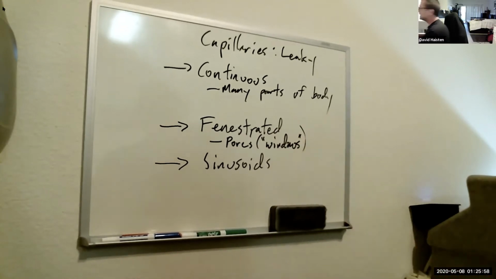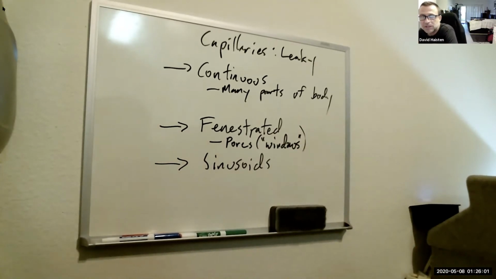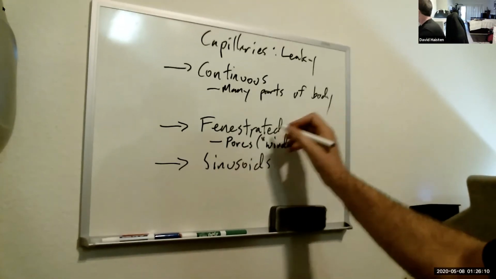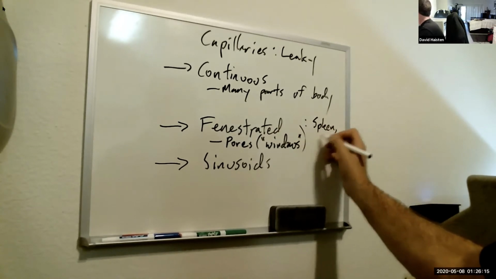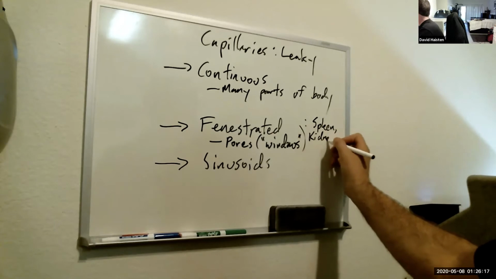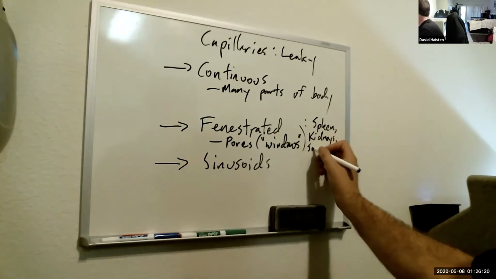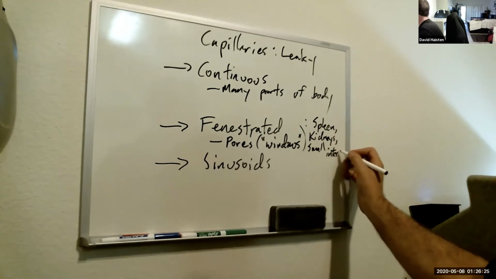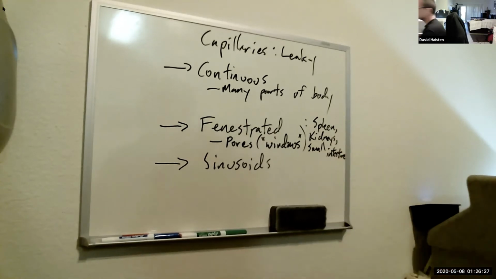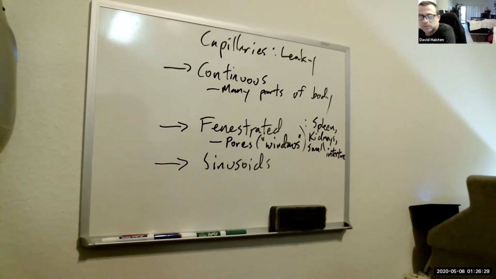You're going to find these type of capillaries in your spleen, in your kidneys, in your small intestine. So places where a lot of things need to get in and out of your blood fast.